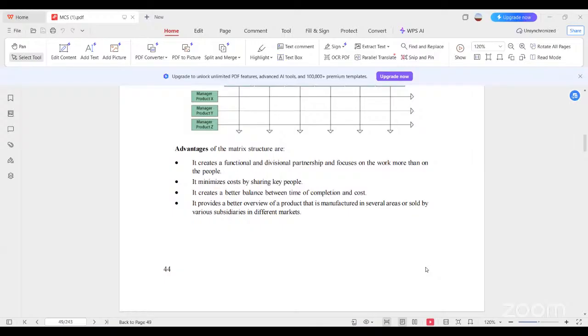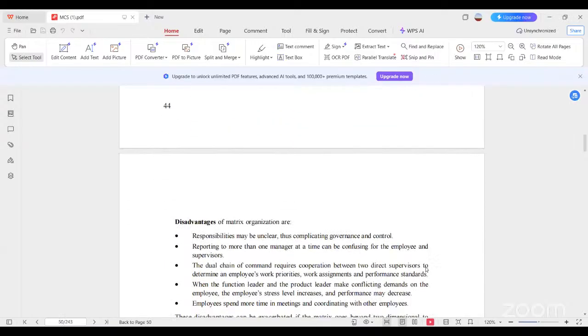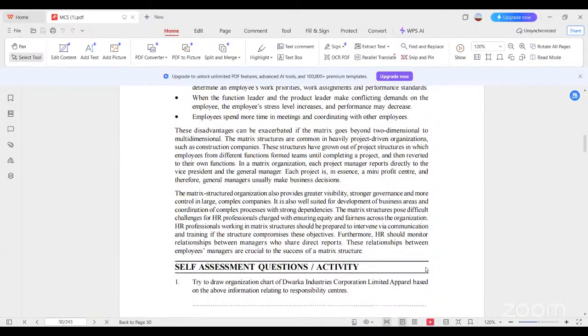So, what is the role of HR in your matrix structure? HR plays a very critical role in the success of a matrix structure, where they try to ensure fairness in performance appraisal. They try to resolve conflicts between managers. They try to train managers for collaboration. They try to monitor manager to manager relationships.